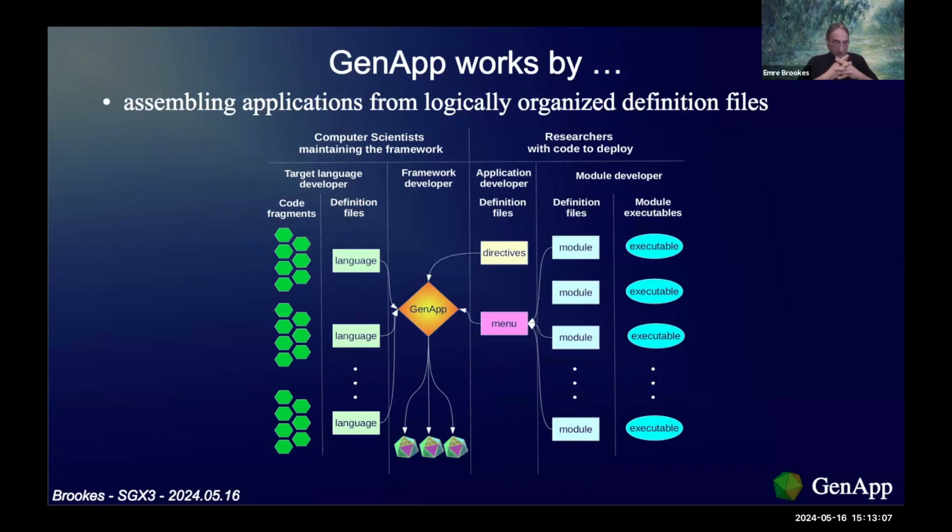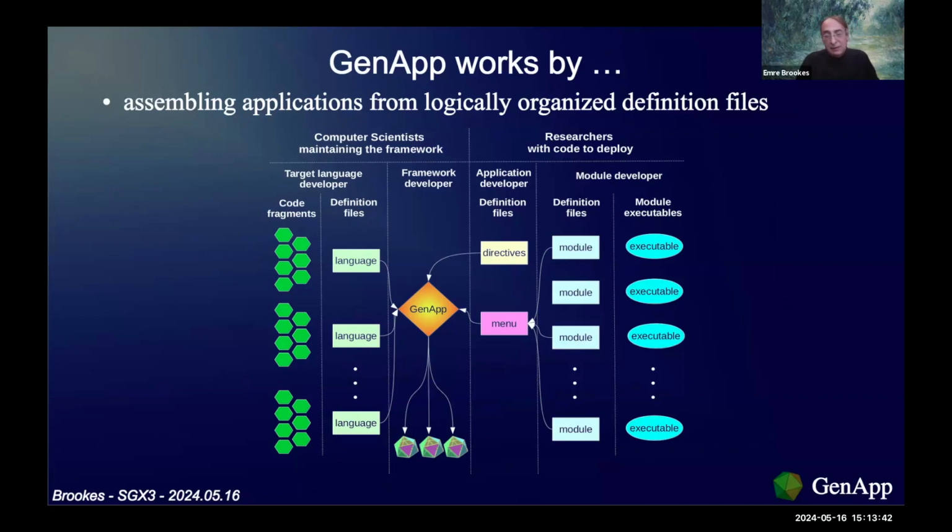So the idea was, the researchers with code to deploy, these beamline scientists or other research scientists in some lab, have something that they want to get out there, but they don't want to have to learn or adopt some deep framework they don't know anything about. They didn't know CSS or HTML or any kind of JavaScript.